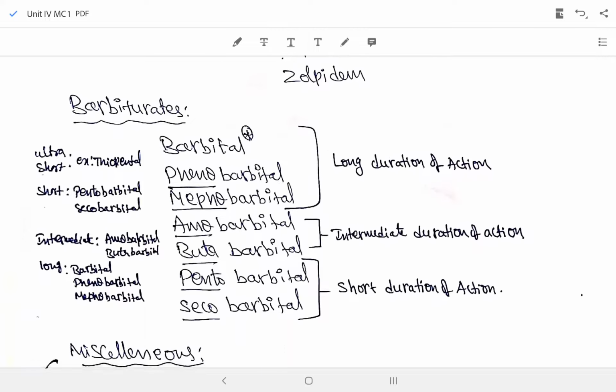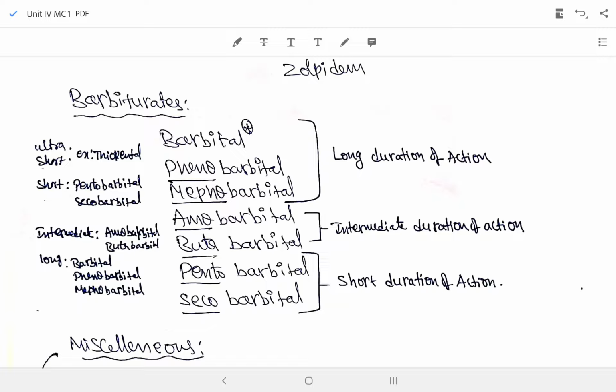If you come to barbiturates, these are classified according to their duration of action. The long duration of action barbiturates are barbital, phenobarbital and mephobarbital. And there are two examples for intermediate duration of action: amobarbital, betabarbital.